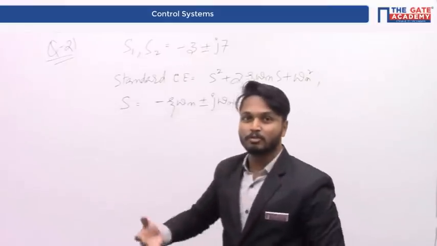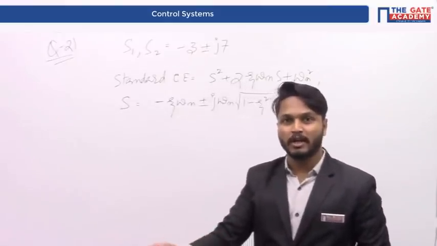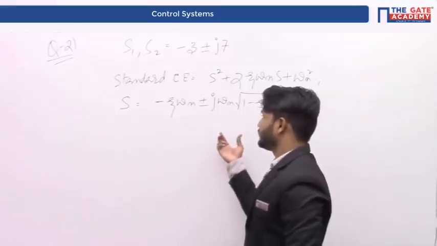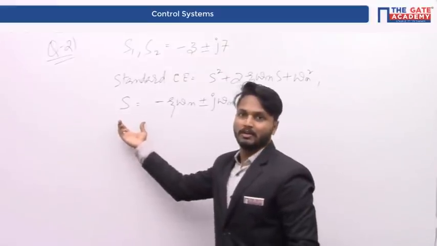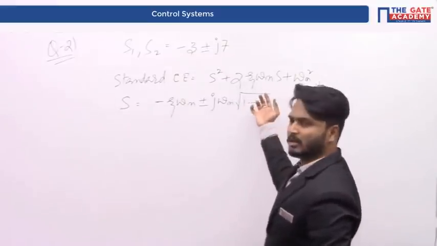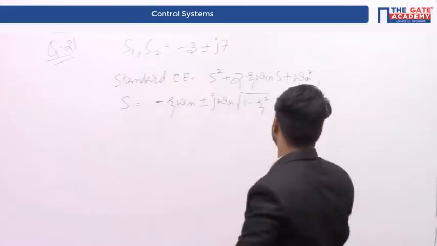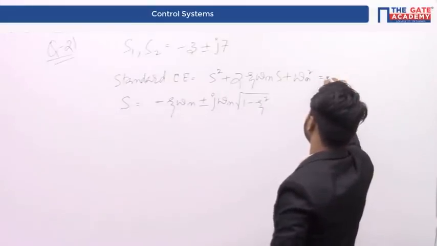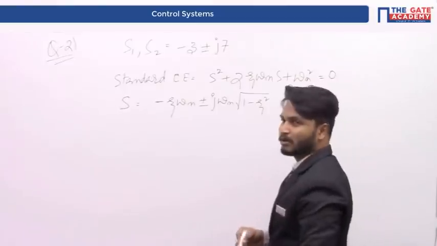I have pre-assumed that zeta is between 0 and 1. So if zeta is between 0 and 1, these are the roots you will get for this characteristic equation. It's very easy. If you just equate this equation with 0, how will you calculate the roots?